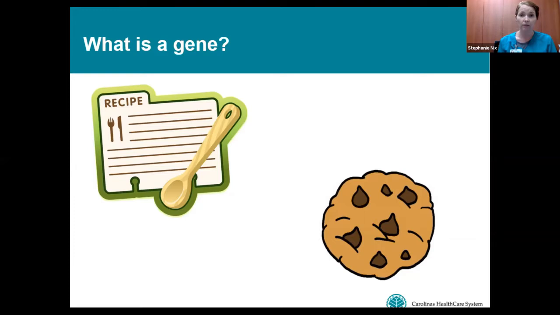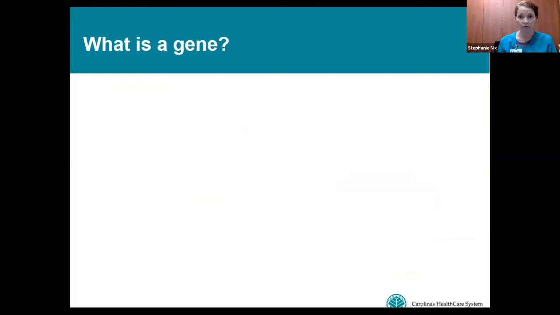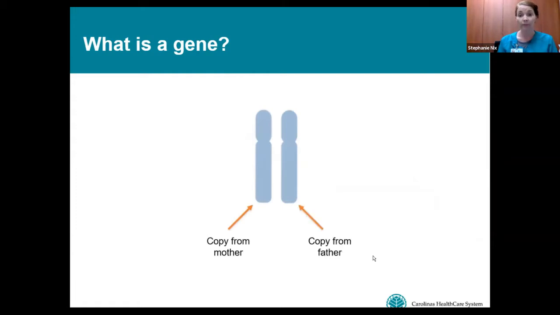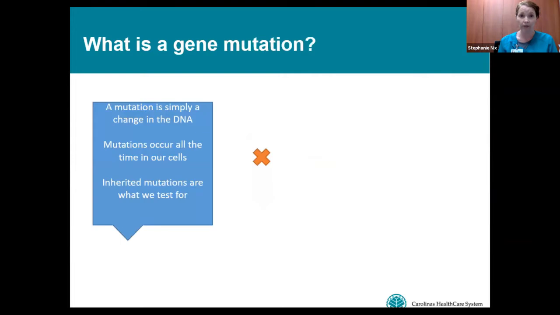We also have genes whose purpose is to protect us from developing cancer. So this is a normal part of our body. We get one copy of every gene from our mother and one copy from our father. We have 46 chromosomes, and there are about 30,000 genes total in every single cell of our body.